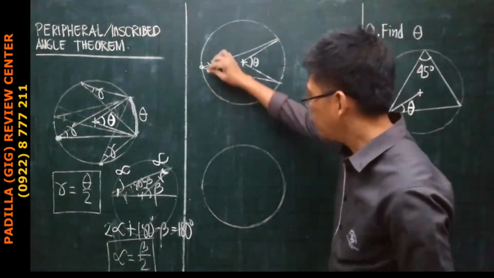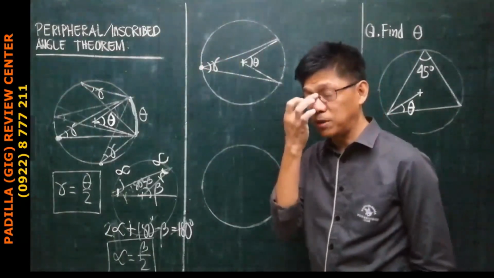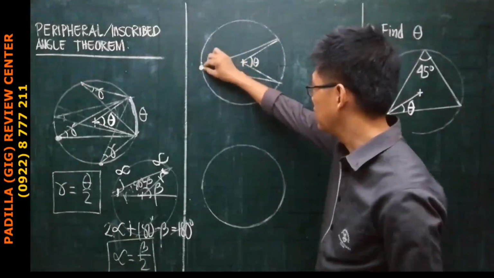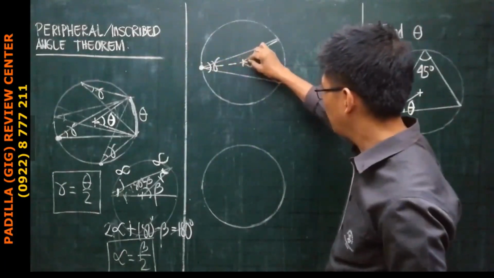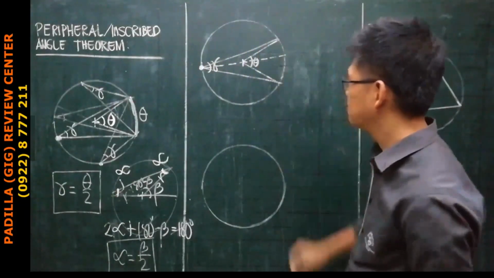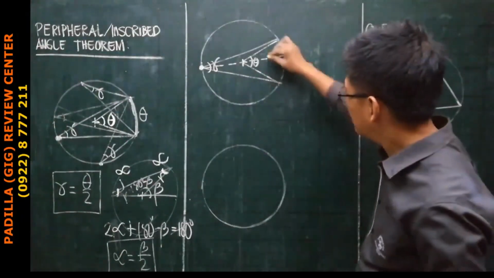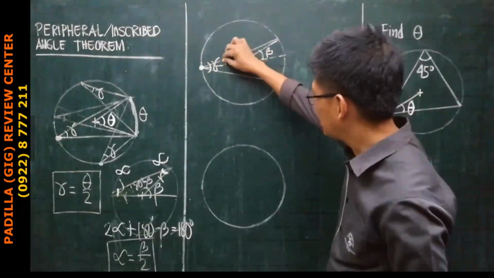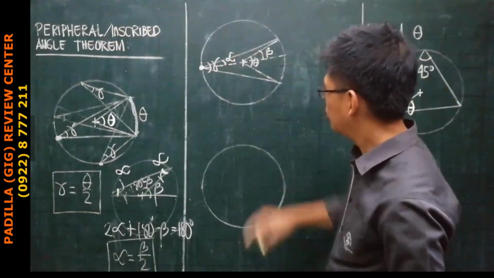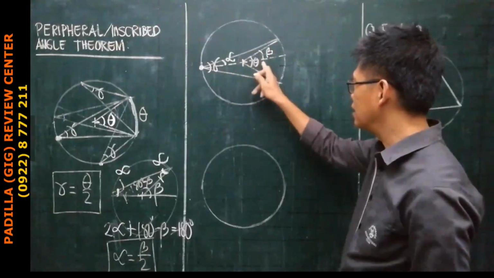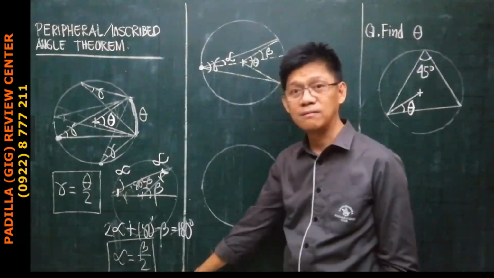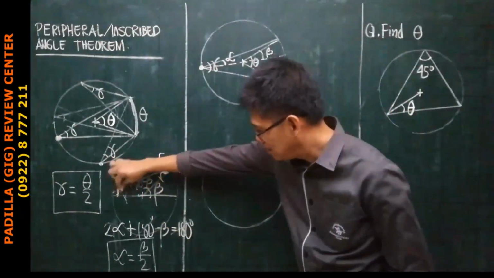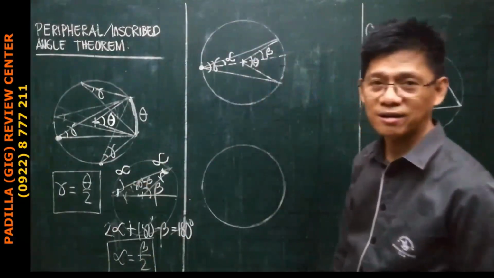Now, from here, let me draw a subdividing line passing through the vertex and the center. So this one is a diameter. Correct? If I call this beta and this alpha, do you agree that alpha is one half of beta? Yes, because this is a diameter.